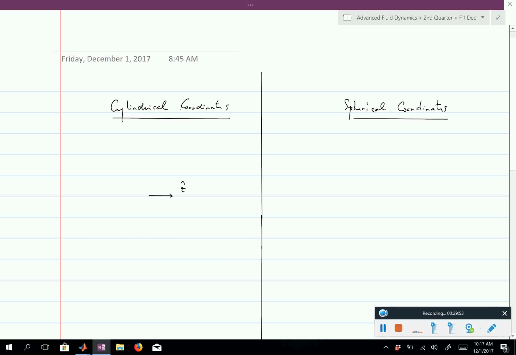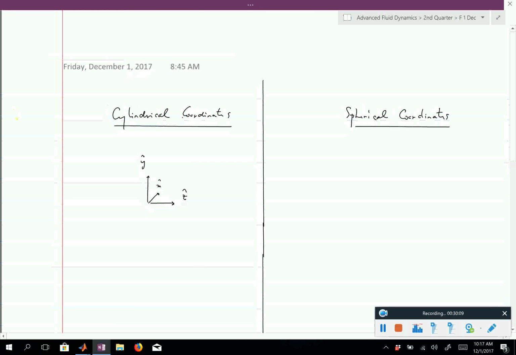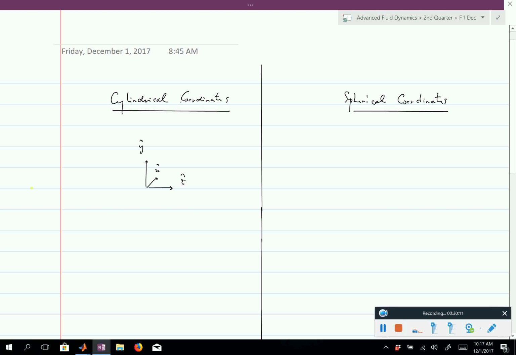Hold on, I'm getting confused. X, y, z. Okay, so x is into the board. So that here is going to be our reference frame. And every time when we have a uniform flow, usually it's going to come from here. Okay, this is our uniform flow is going to come from here. It's going to be the same in cylindrical, in spherical coordinates.